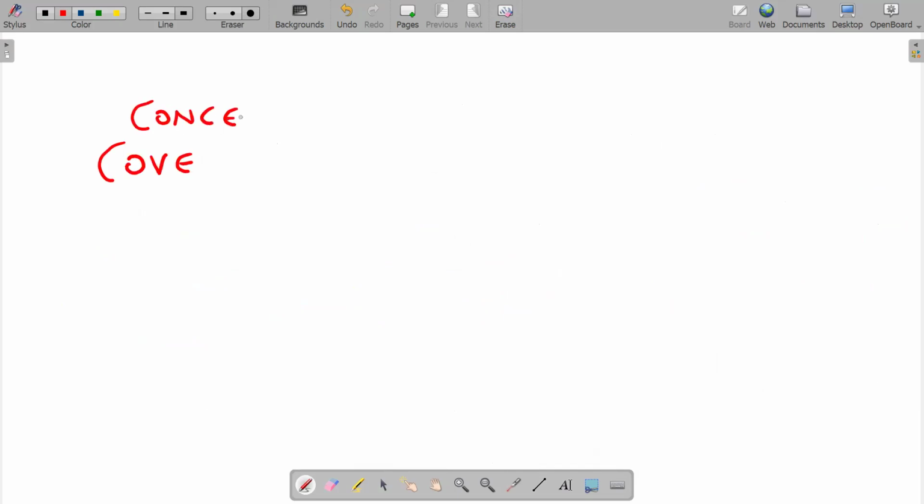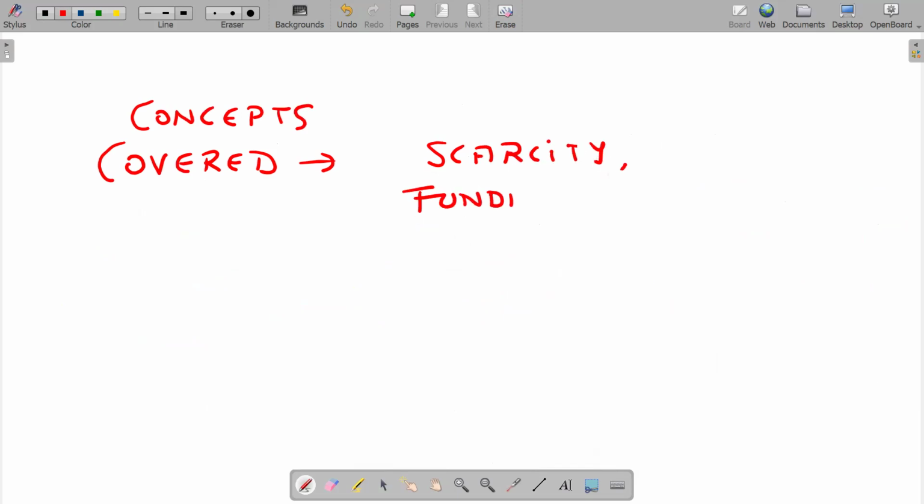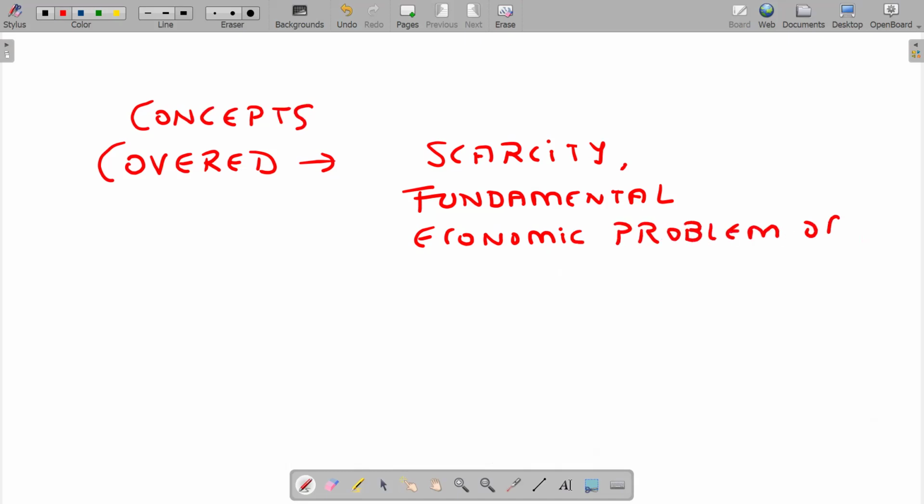the concepts covered in this lecture are, we have talked about scarcity. We have talked about the fact that because resources are scarce, it leads to fundamental economic problems of making a choice.